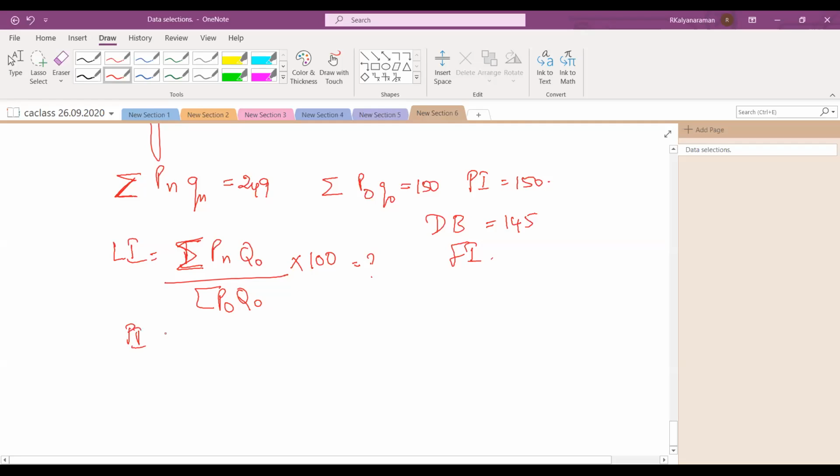Paasche's index number we know is sigma of PnQn by sigma of P0Qn into 100, and this is given as, Paasche's index is given as 150.